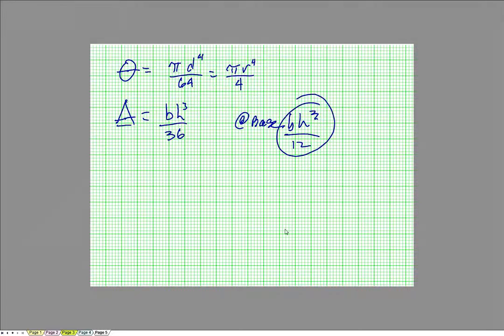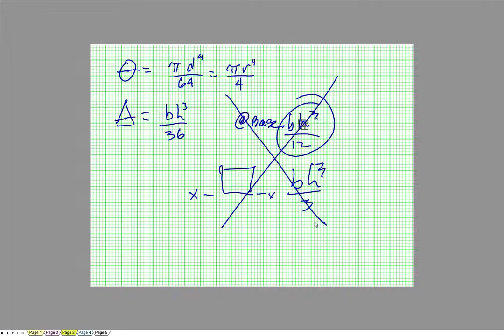So don't confuse that with a rectangle. And a rectangle about its base down here like this is BH cubed over 3. But again, we're probably not going to use those.